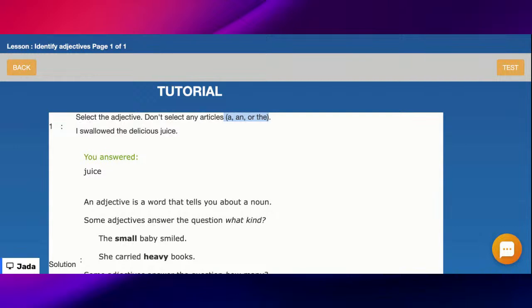So you need to be able to differentiate the articles from the adjectives. So, I swallowed the delicious juice. Now, if I ask what kind of juice did she swallow, you'd say that she swallowed the delicious juice.